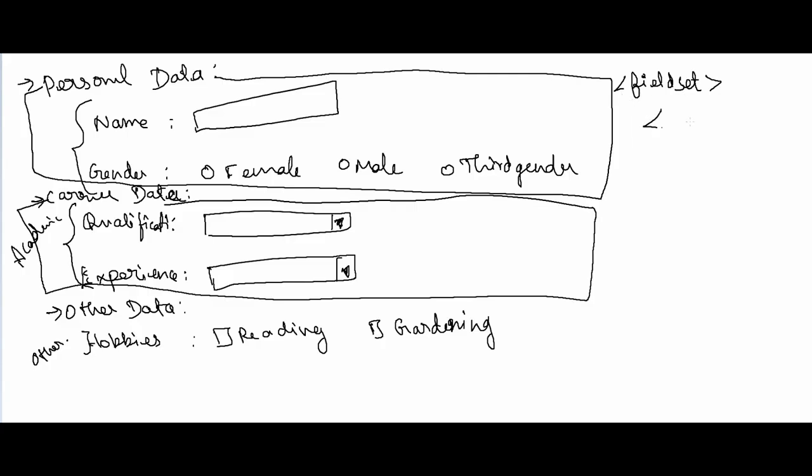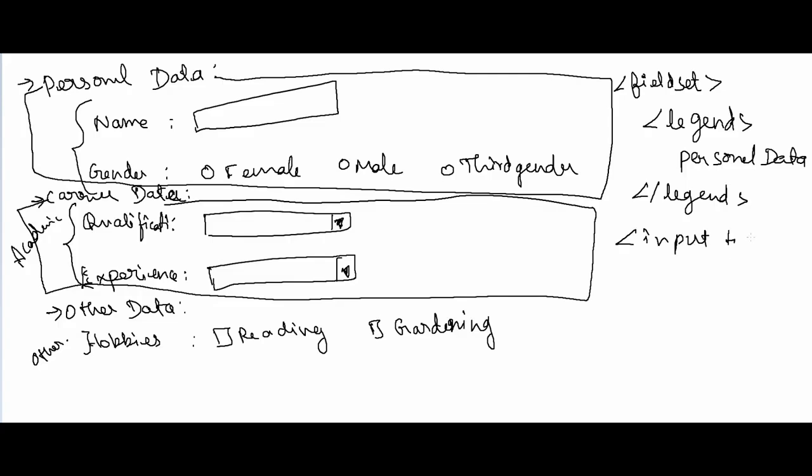After creating the field set, I want to give a legend. In legend we can give the titles, so personal data. Close the legend, then we can give input type equal to text for name. Next one is the radio button, right? After completing this, we want to close this field set.